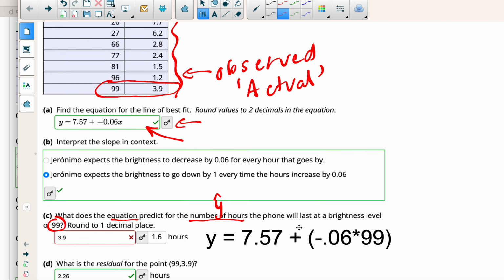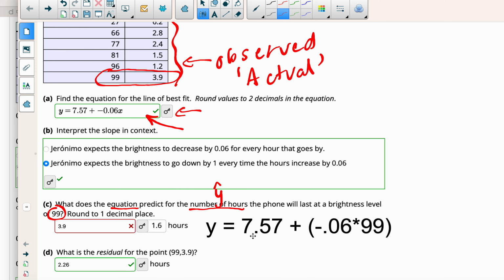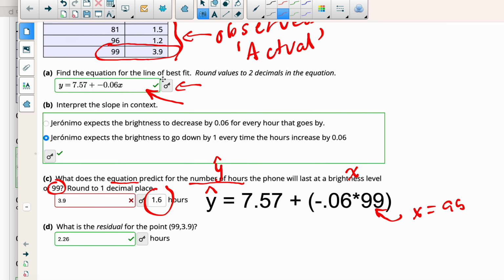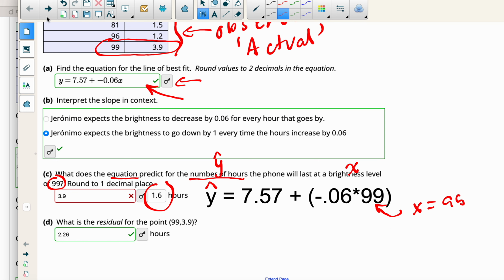The line is going to predict what the Y value is when you put in a value of X. So if you take your line, this is your estimated 7.57 minus, now we put in for X, in this case equals 99, and we solve, we get 1.9 hours. So you were just pulling it from the table. That's the first one.